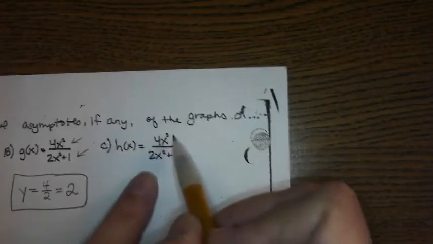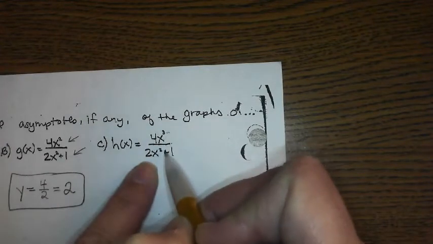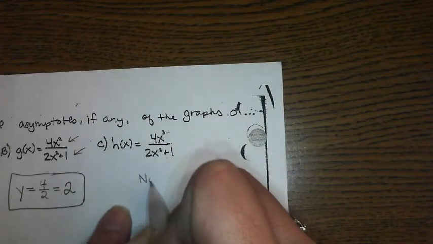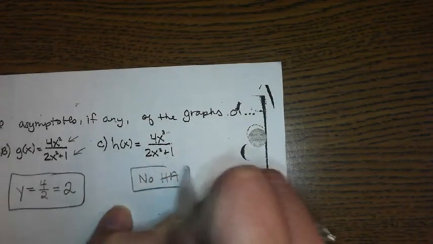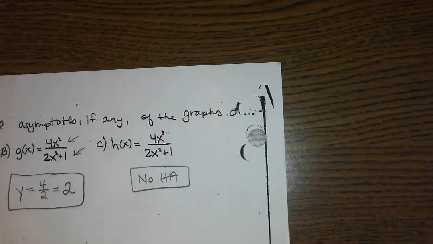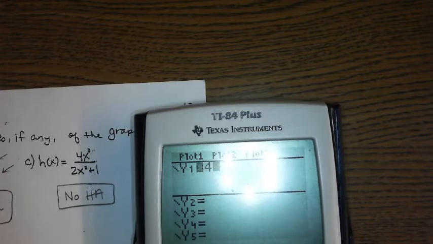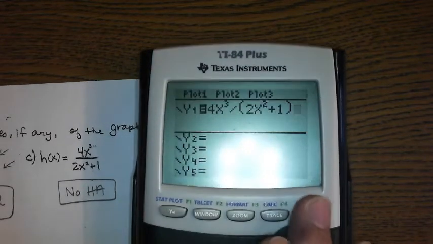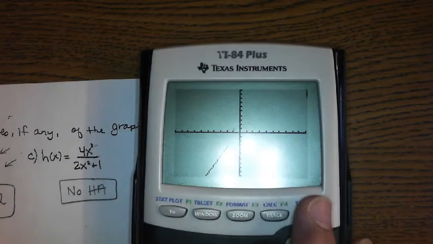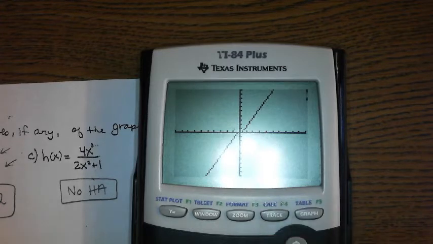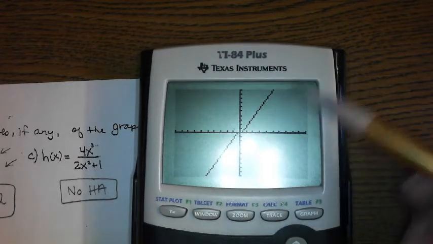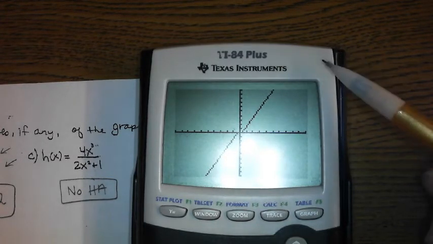And the last one, we have big over small. Degree of 3 over degree of 2. So there are no horizontal asymptotes. Then what happens as we approach infinity and negative infinity? If I do 4x to the third divided by 2x squared plus 1, and we take a look at this graph, our end behavior is not flatlining along any horizontal asymptote.